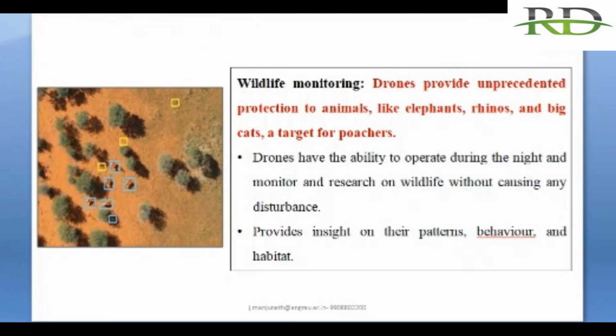We also observe wild animals like rhinoceros and cats, that means lions and cheetahs, by moving the drone over the wildlife forest area. Almost all the forestry department, in the cadre of DFO, are now trained for flying the drone.